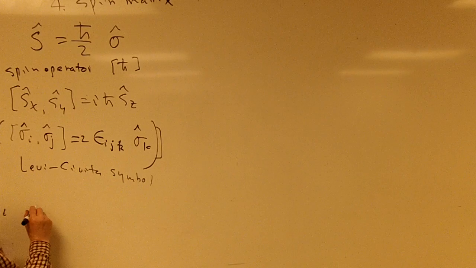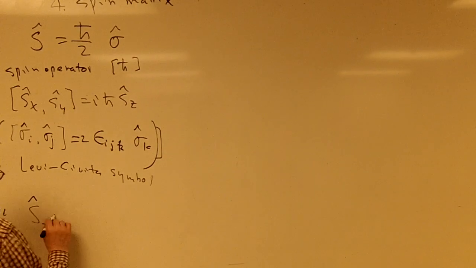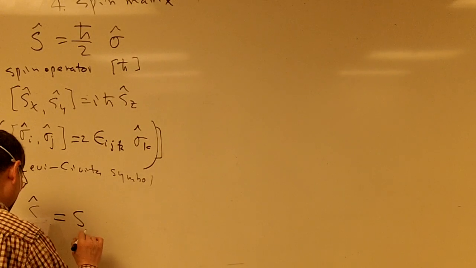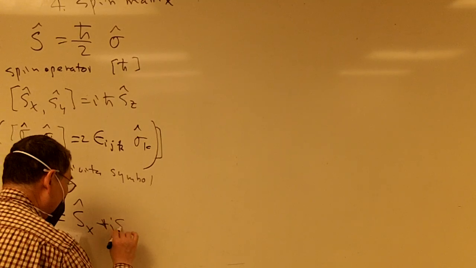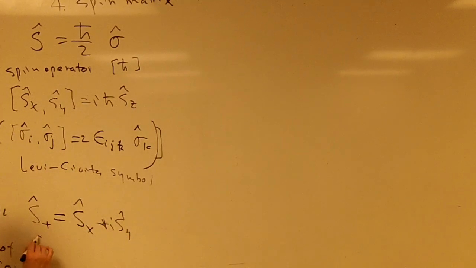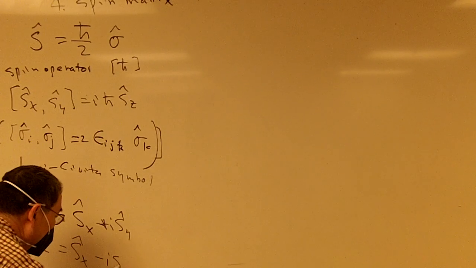So I also have S plus hat, in the same way as for angular momentum: Sx hat plus i Sy hat. If I have a negative, I will have a negative like this: Sx hat minus i Sy hat. This is a raising and lowering operator, similar to what we did before.